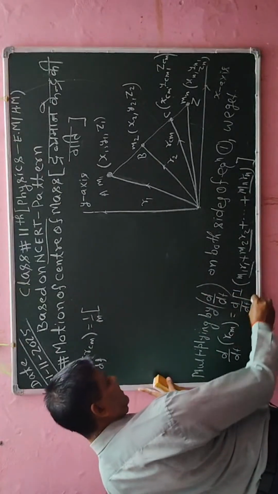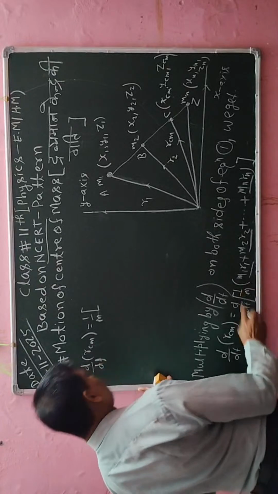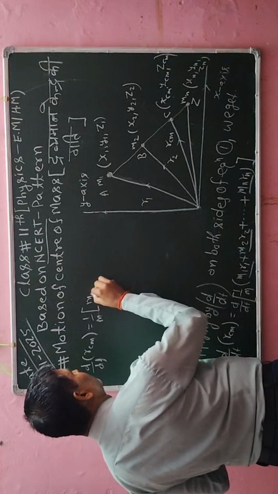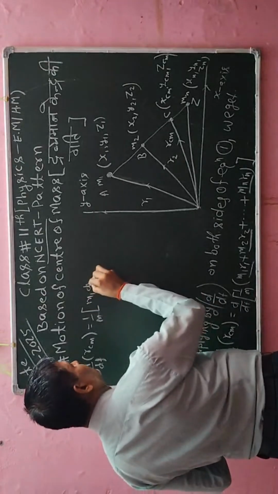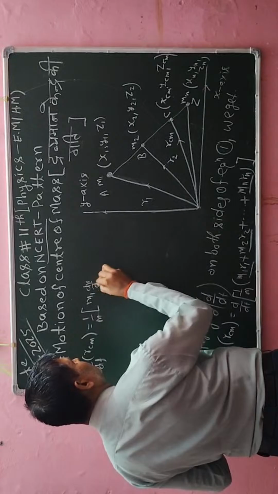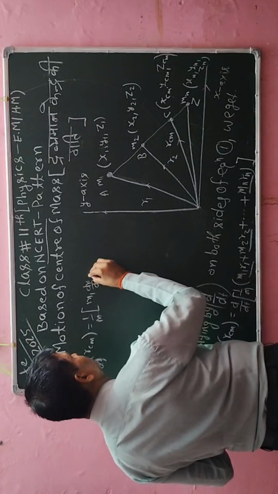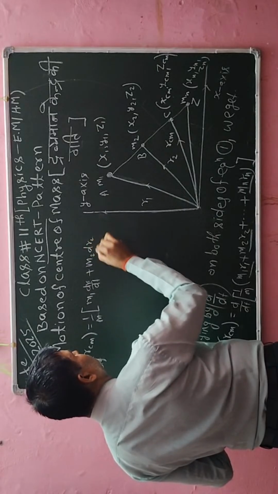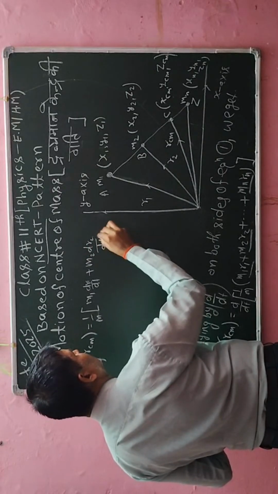So here I will write d by dt, 1 by capital M, and then in the bracket I have to write m1 dr1 divided by dt. Similarly I will write m2 dr2 divided by dt.